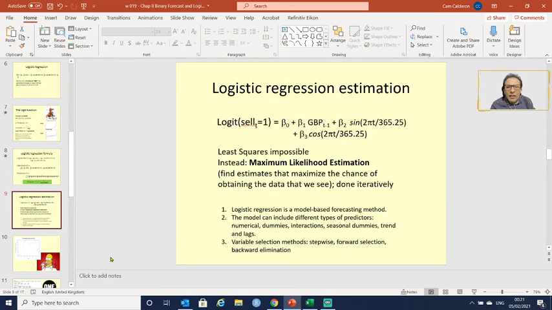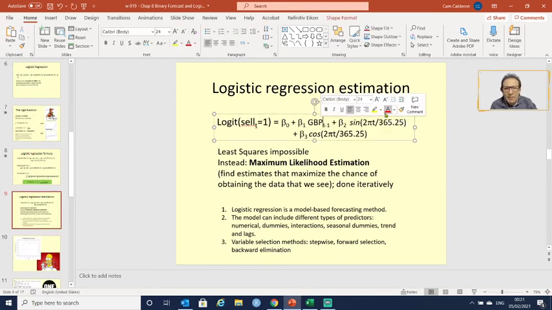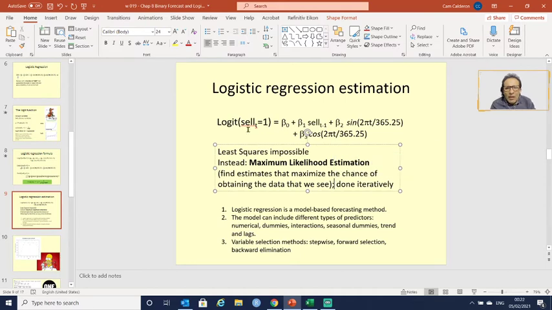Right, so here we have the logistic regression. When the cell equals 1, our preferred case, it is equal to the thing that we had before.